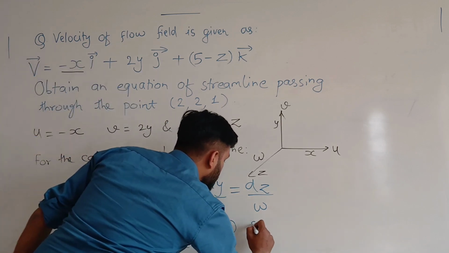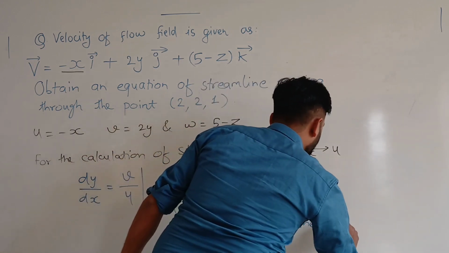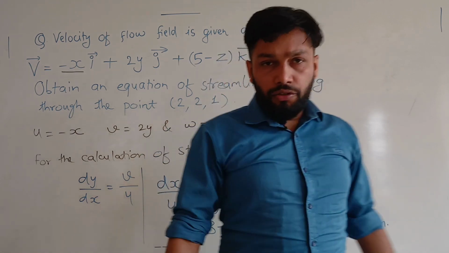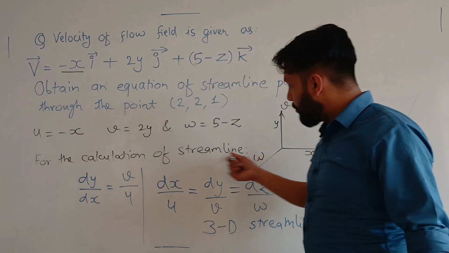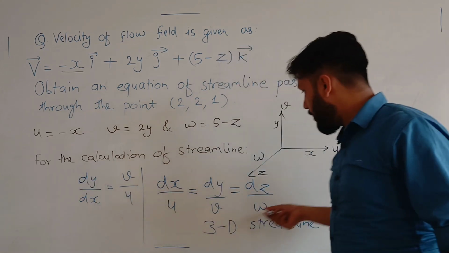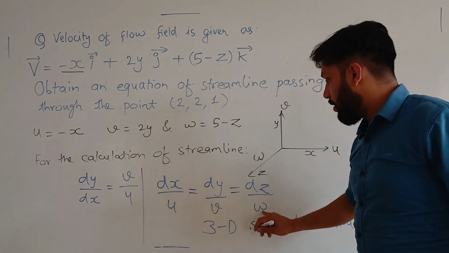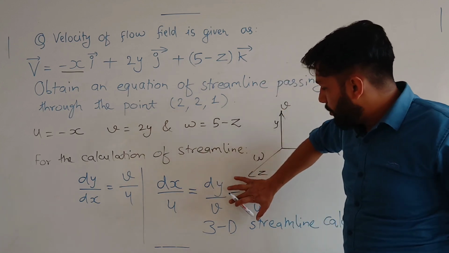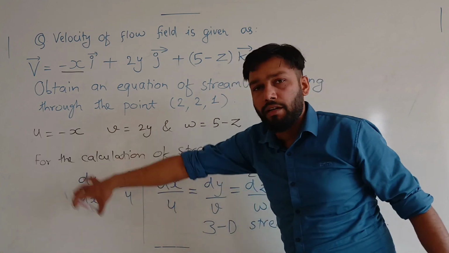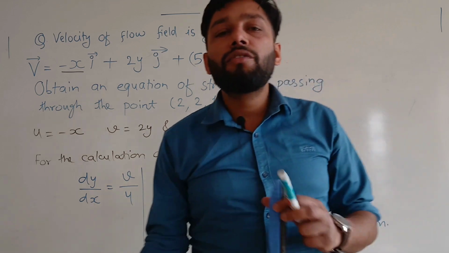For 3D streamline calculation, if you are supposed to find the three-dimensional streamline, then you are supposed to use this equation, not the other one. In three-dimensional system you have to do dx by u, dy by v, dz by w. If you erase this, then dy divided by dx is equal to v by u, the same as the two-dimensional one. I have rearranged this in order to find the streamline in a three-dimensional system.